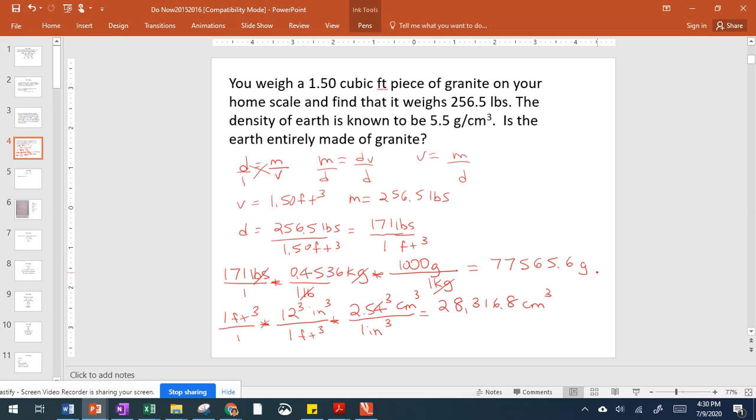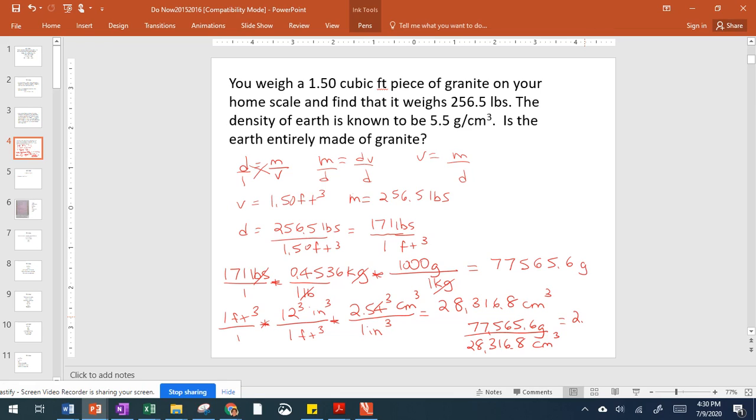So now we're going to divide these two numbers. We have grams now and centimeters cubed. So we're going to take our 77,565.6 grams divided by 28,316.8 centimeters cubed. And this is going to give us 2.